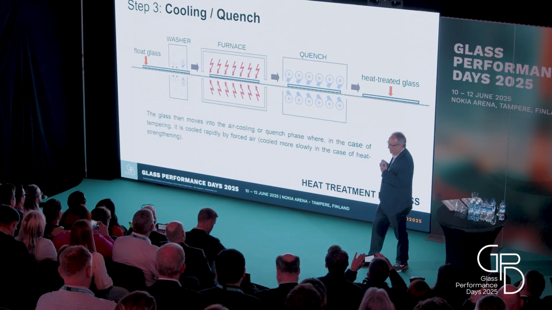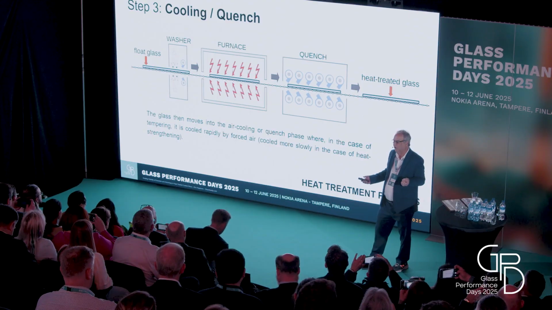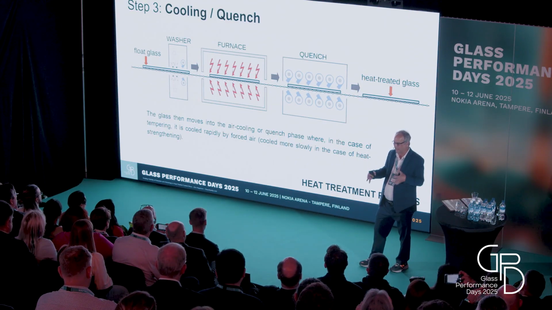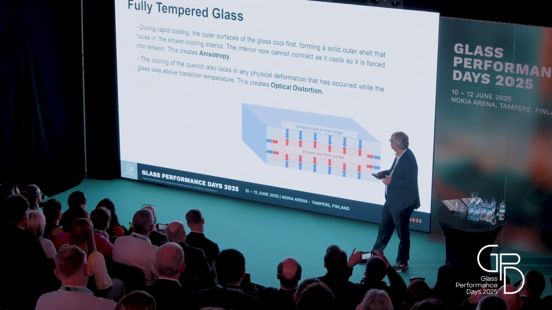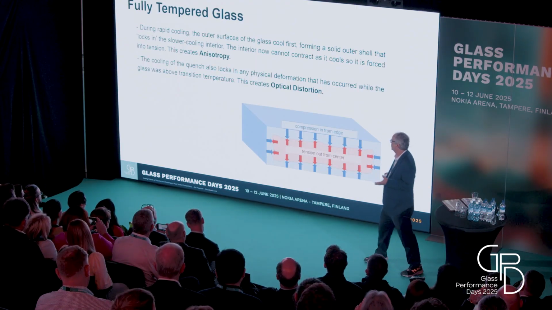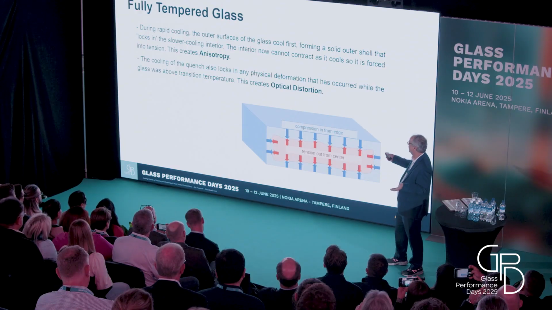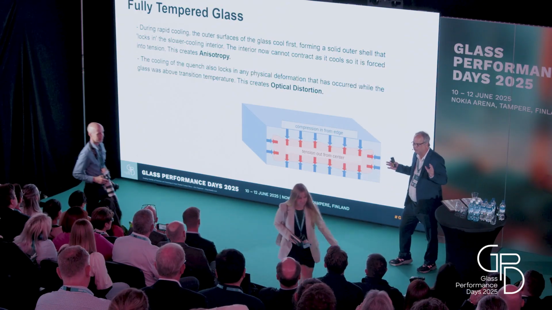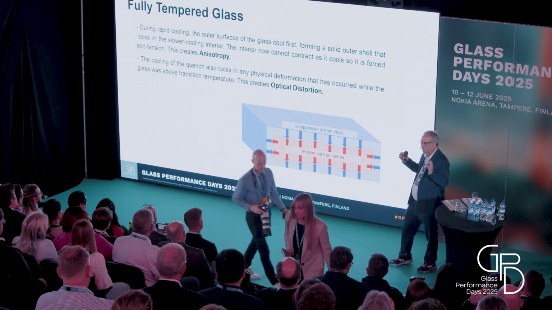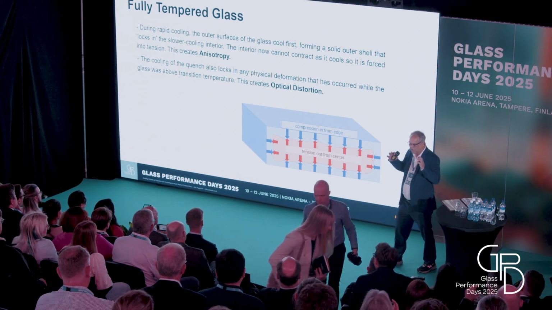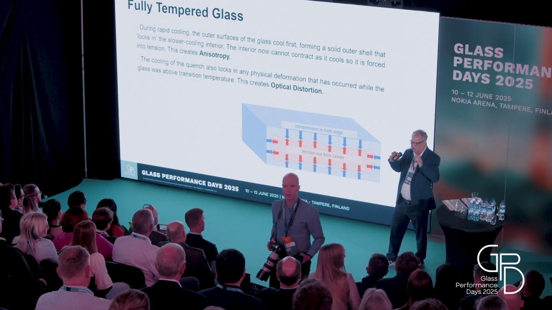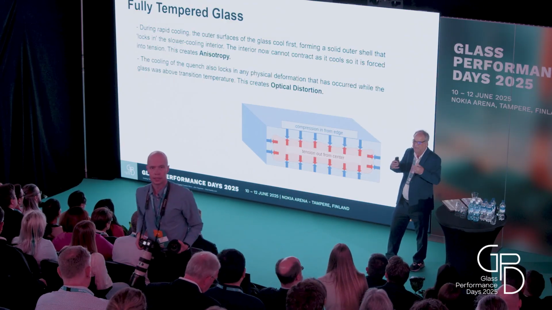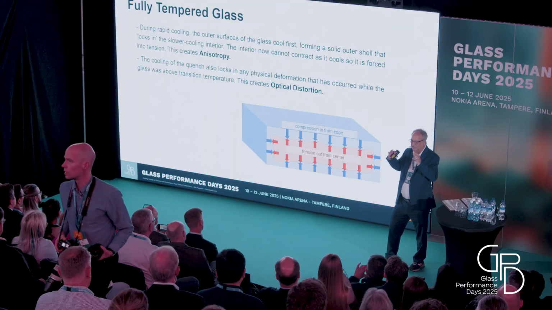And then of course the glass must be cooled. In the case of fully tempered glass, it's quenched, cooled very quickly on the outside, a little slower in heat strengthened. And we've all seen these stress profile pictures. What happens during the rapid cooling is that the outer surfaces cool first, forming a solid core, and the inner part of the glass tries to shrink, but now it can't because it's held tight by the outer layers.